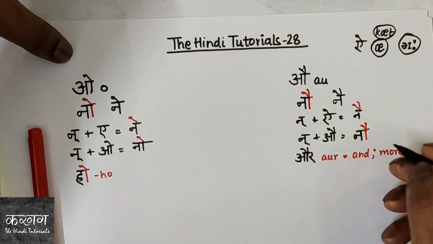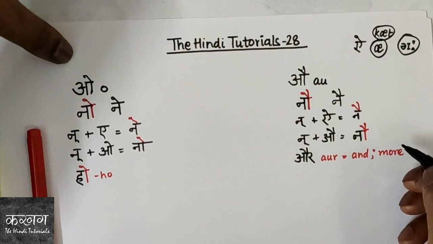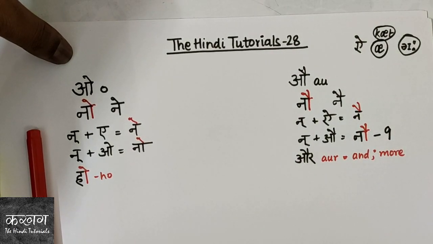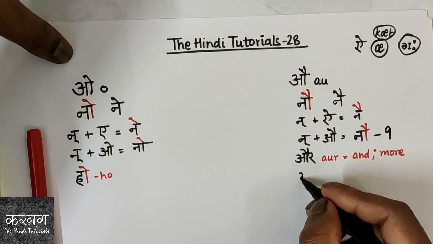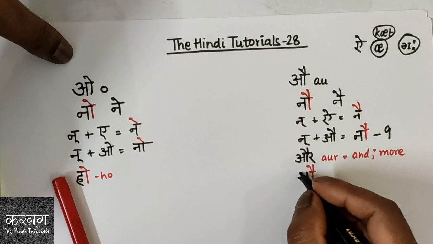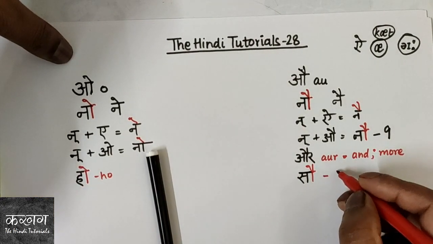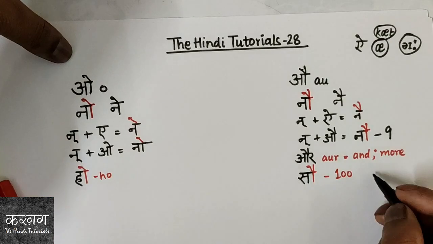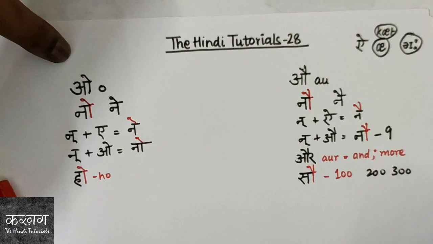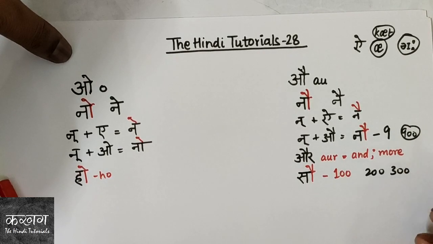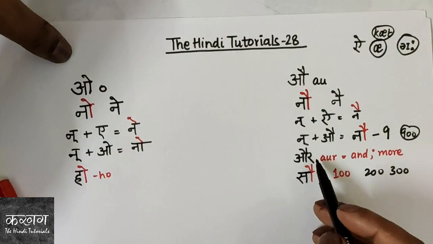Now we can say no. Do you remember what is no? 1 2 3 4 5 6 7 8 9. 9 is no. Similarly, saw. Saw is 100. So saw, 100, 200, 300, 400, 500, 600, 700, 800, 900. So ho, no, or saw.